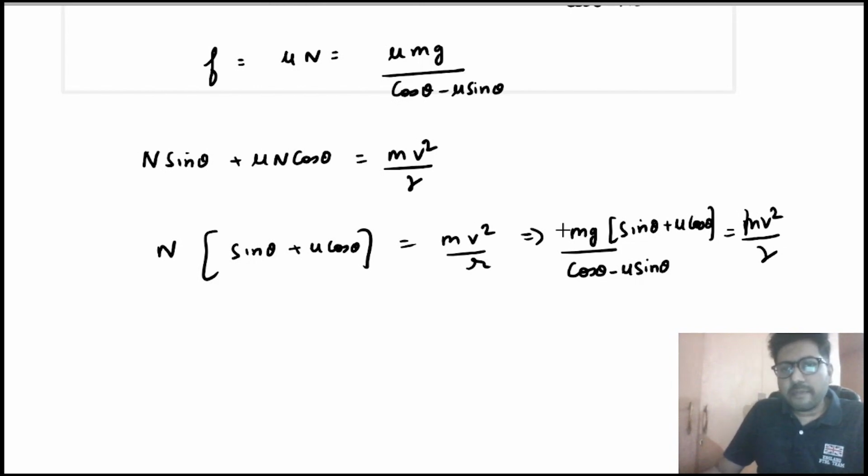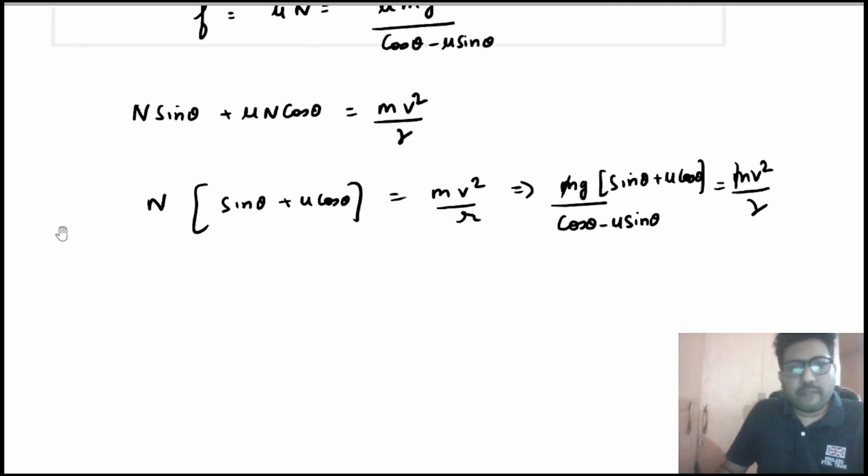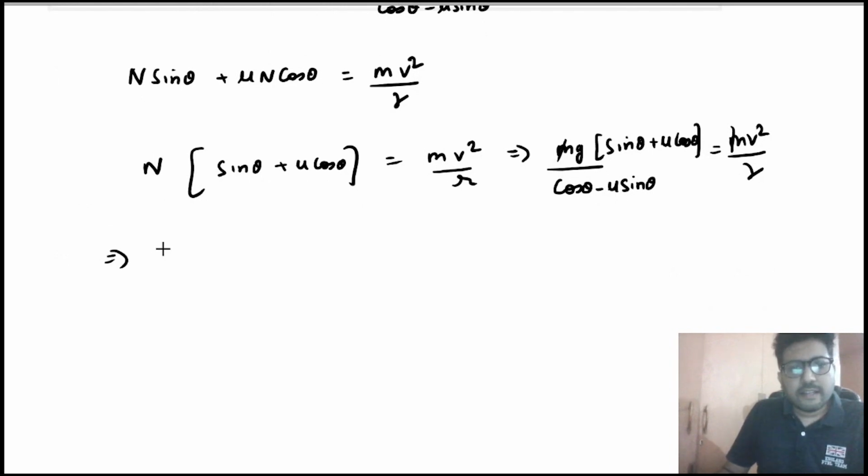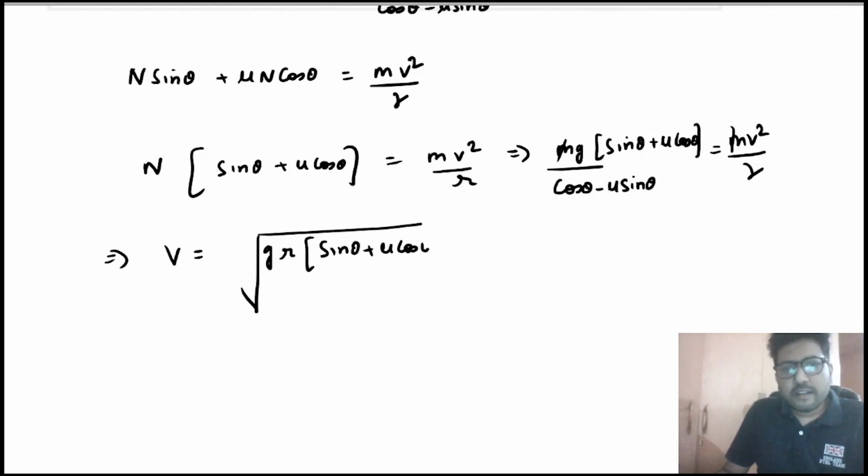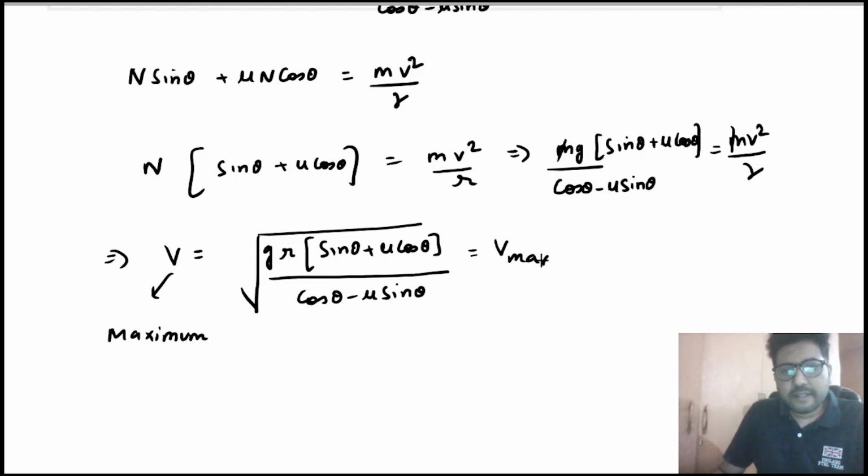So m getting cancelled out, you will get the value of velocity as under root gr times sin theta plus mu cos theta divided by cos theta minus mu sin theta. So this is the maximum velocity that the car can take for making the turn. So you can say this is V max.